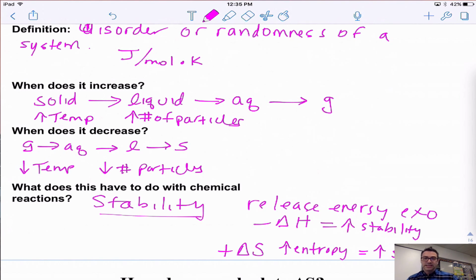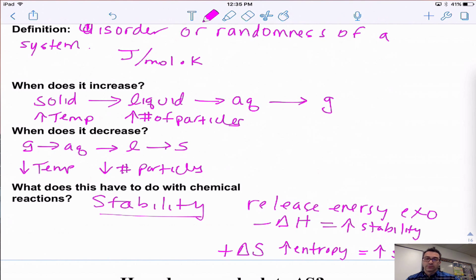And in nature, we see this happening. We see reactions that occur naturally, what they call spontaneously, when they have these two characteristics. When they release energy, they're exothermic, and when their entropy increases, when their disorder increases. That's sort of the best case scenario for increasing stability.